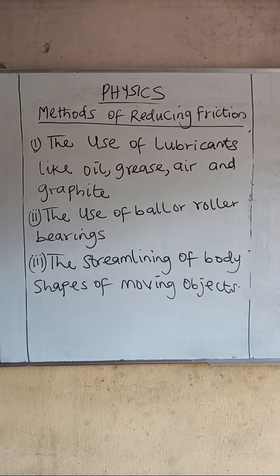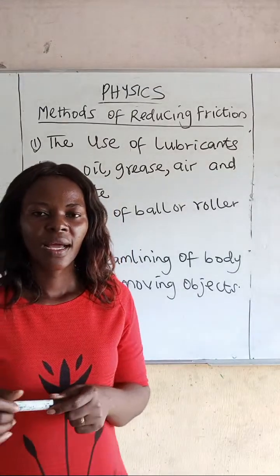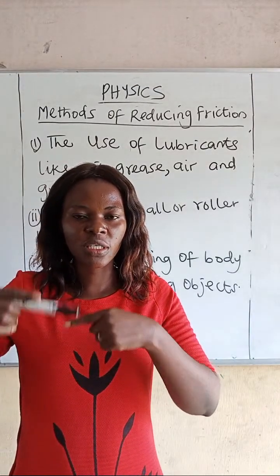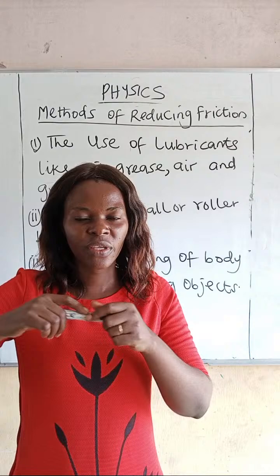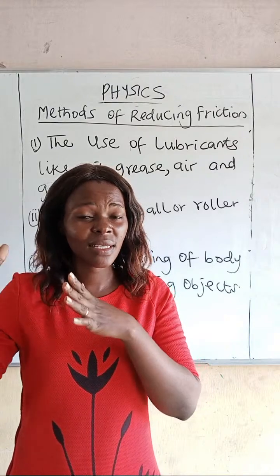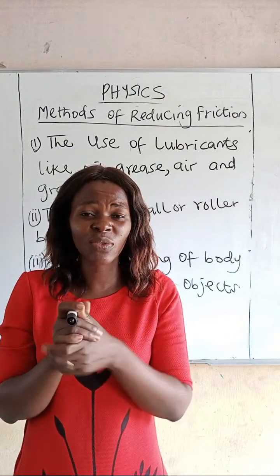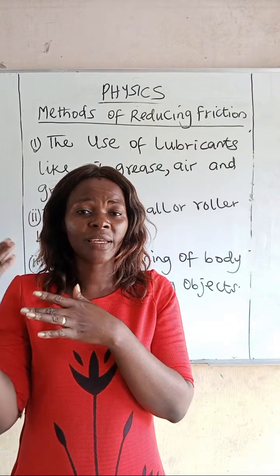Instead, I should give an example for number 2, ball bearing. An example of a ball bearing is a machine called wheel and axle, and that wheel and axle is meant to rotate. That is an SS2 topic under mechanical energy, where we are going to apply the knowledge of friction.